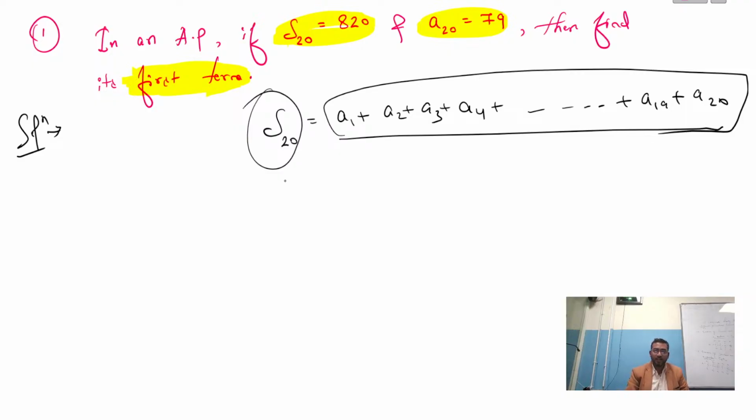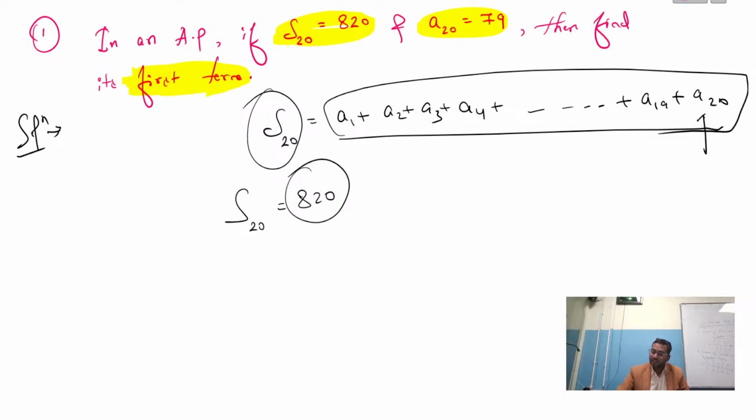Here they have said that the sum of 20 terms is 820. It means if you add all these terms A1, A2, A3, A4 till A20, you get the answer 820. But we don't know which are these terms or values. But they have given the final sum.